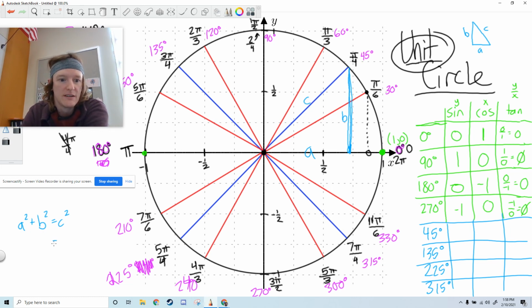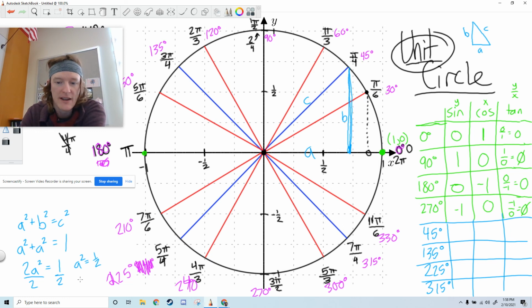We know that C equals 1. We also know that A and B are the same thing. So it's going to be A squared plus another A squared equals 1. So it's safe to say that we have 2 A squared equals 1. We can divide by 2, and we get A squared equals 1/2.